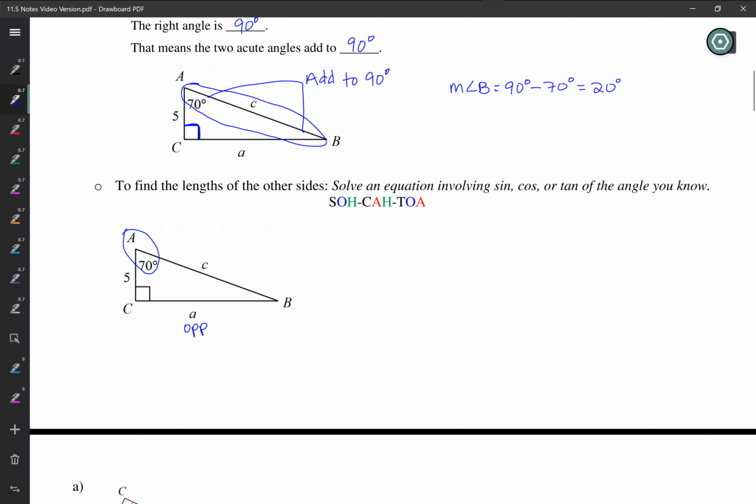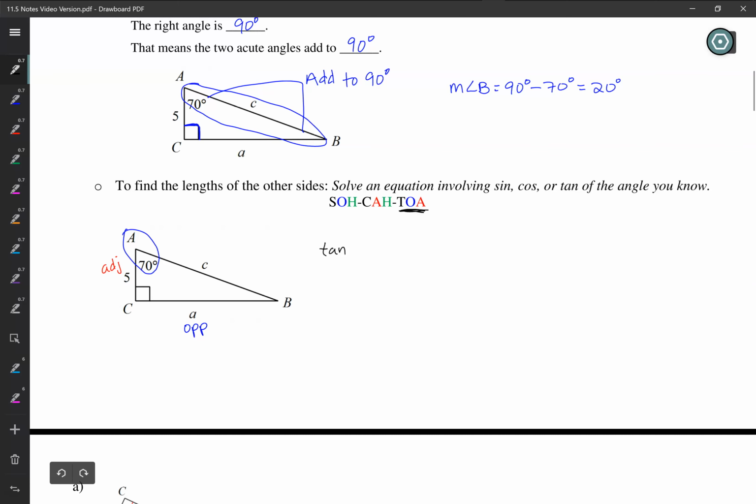Well, I know this side is 5 over here, and that is right next to the 70 degrees, but it's not the hypotenuse, so that's adjacent. So as I look at SOHCAHTOA, which one has opposite and adjacent? Well, that's tangent.